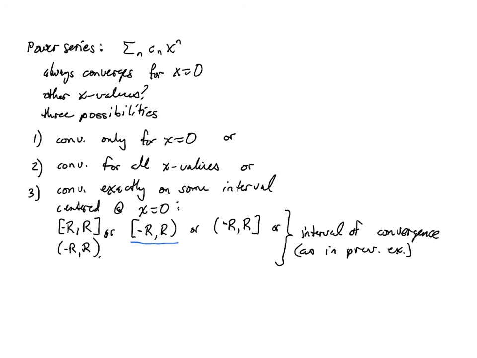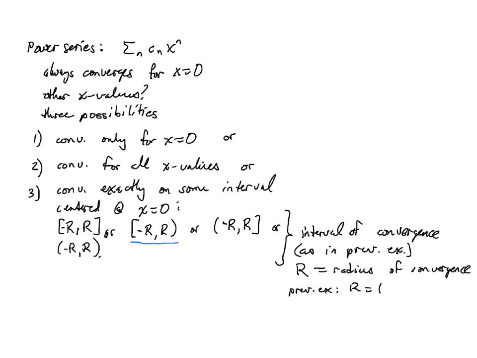And this number r is called the radius of convergence of the power series. So in the previous example, we had r equals 1 because our interval went from negative 1 to 1. That's what happens in case 3.